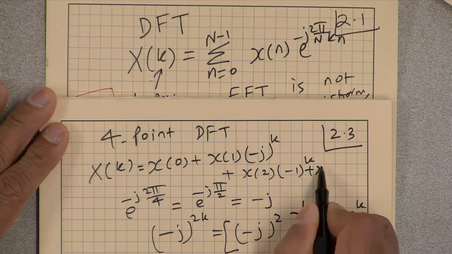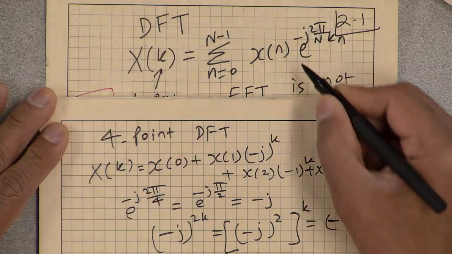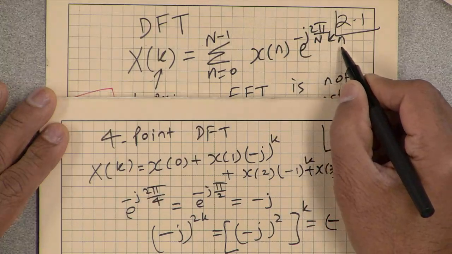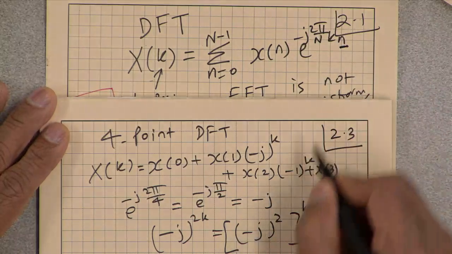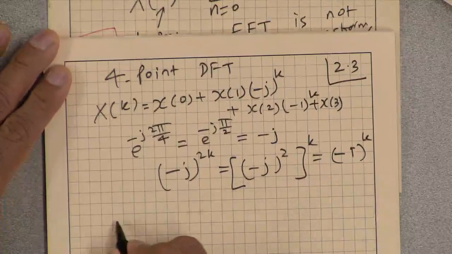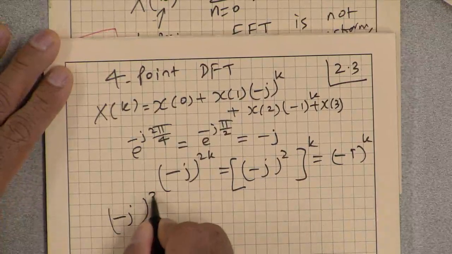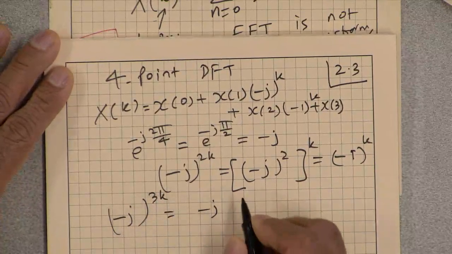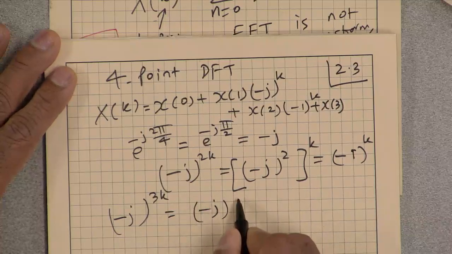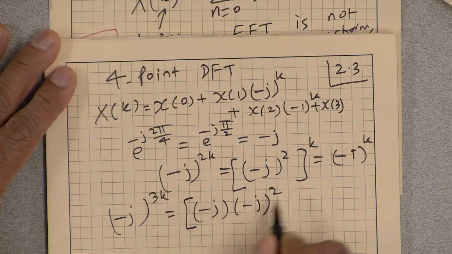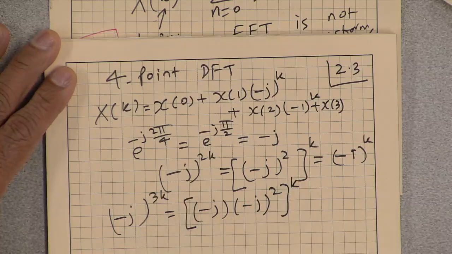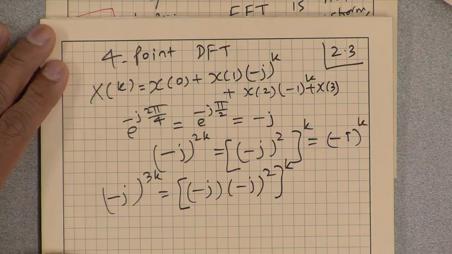And the last term x3, what happens when n is equal to 3? That becomes minus j to the power 3k. Minus j to the power 3k is equal to minus j times minus j whole squared. That's minus j to the power 3, all raised to the power k.